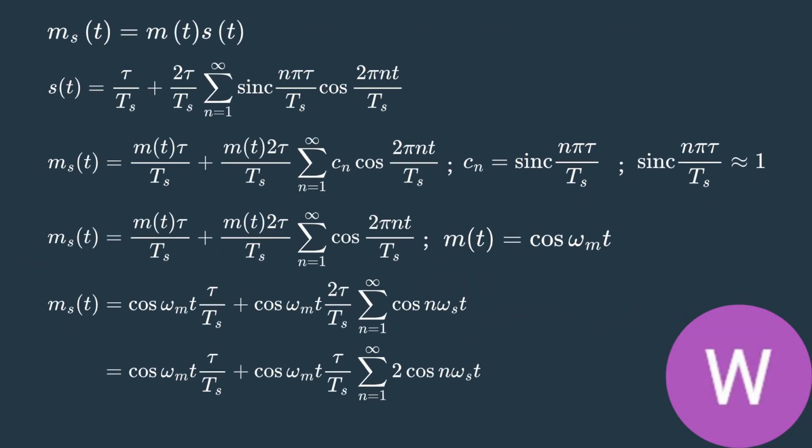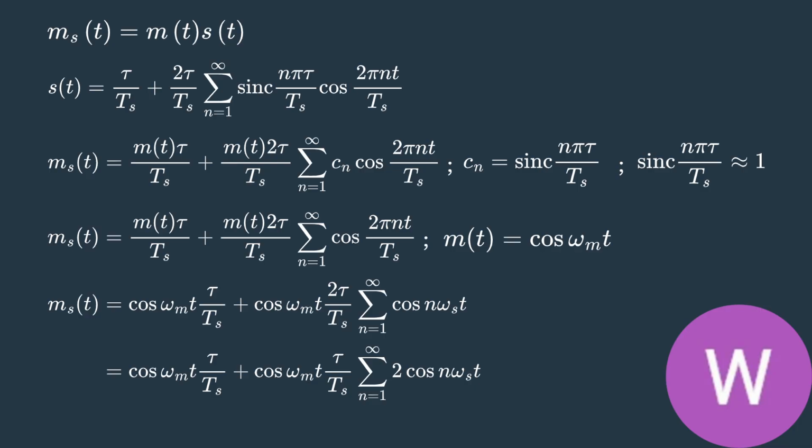Here is the mathematical derivation of the sampled signal m_s(t). As we discussed before, m_s(t) equals m(t) times s(t), message signal times pulse signal, and we have the Fourier series of the pulse signal.